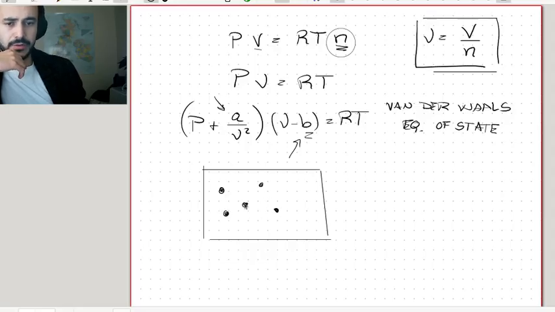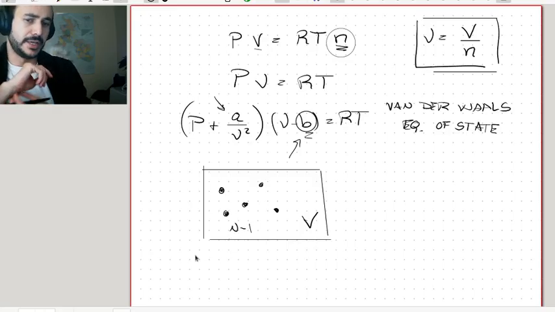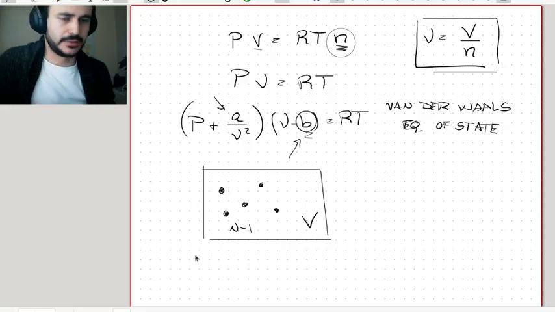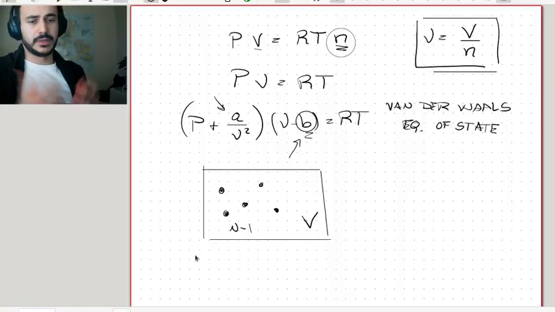So for any one of these molecules, the available volume, if they are enclosed in a container of volume V, is actually not V, but V minus a tiny amount. And this tiny amount is like the volume occupied by each one of the other n minus 1 particles. So it's a volumetric correction because of the actually finite size of these gas molecules.